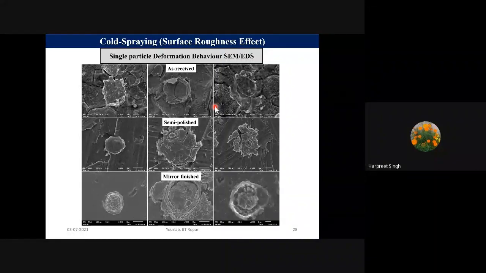In this case, in one go, they quickly pass the gun over the substrate surface, some particles deform on the substrate, and then they take SEM images. This is again a very well appreciated approach to investigate single particle deformation behavior.